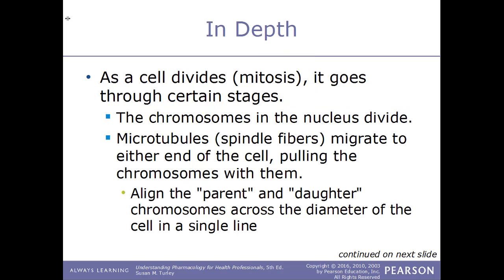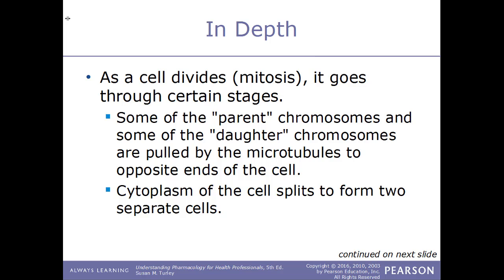All right, now I'll talk a little bit more in depth about the role of microtubules in cell division. Now, as a cell divides, it goes through certain stages. Now, the chromosomes within the nucleus have to replicate and then divide. So during the process, microtubules, or spindle fibers, will migrate to either end of the cell, pulling the chromosomes with them. So this will align the parent and the daughter chromosomes across the diameter of the cell in a single line.